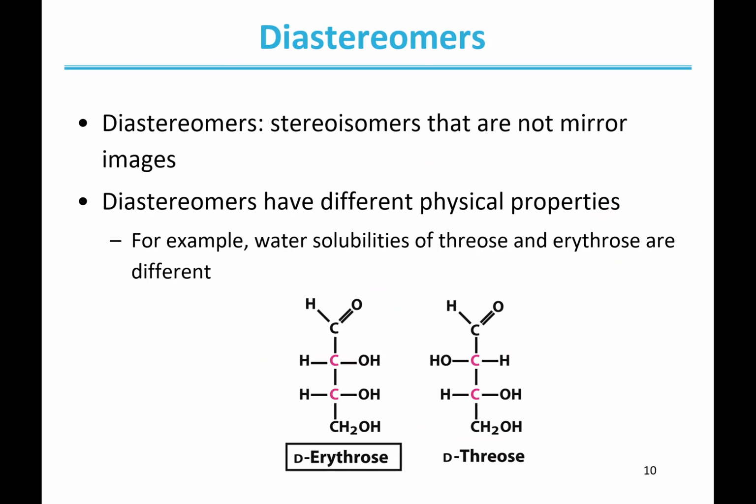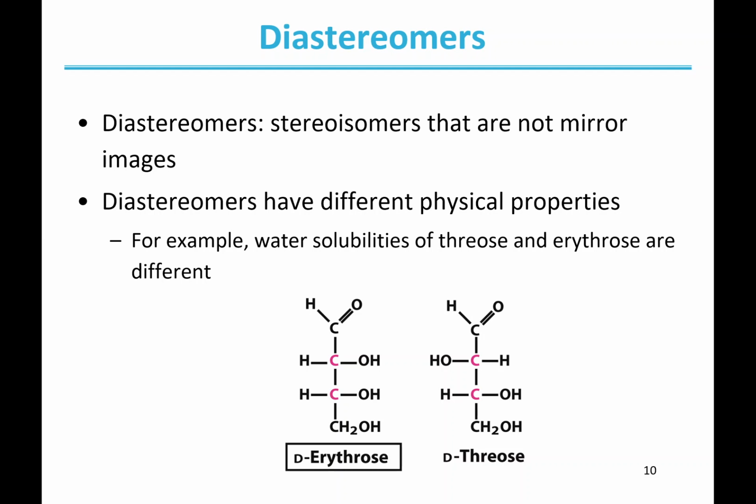Okay. Some other types of isomers that you can have. You have an enantiomer for mirror image. Diastereomer is another type of isomer that are not mirror images. Diastereomers have different physical properties, things like water solubility are going to be different for these. The example given here below are diastereomers of 4-carbon sugars.